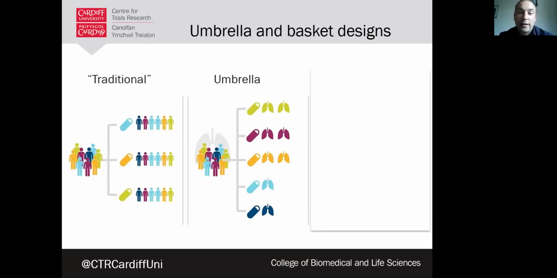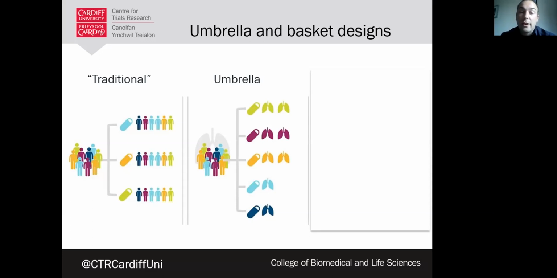Lung cancer can be very different in different people. So the genetic mutation that causes the lung cancer might be different in different people, and therefore the cellular target that is targeted by the drug will also have to be different.